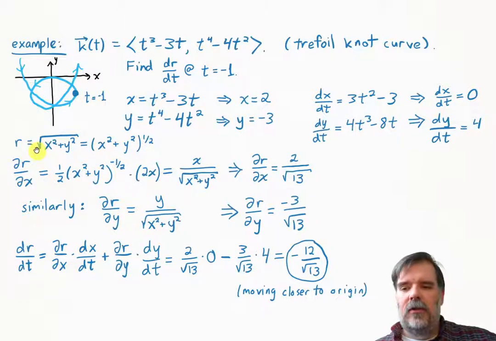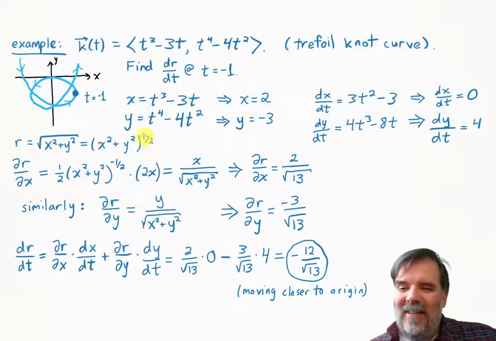Well, r is the function square root of x squared plus y squared, which we could also write as the quantity x squared plus y squared to the 1/2 power. To calculate the partial derivative with respect to x, we need a chain rule. While we're calculating our chain rule, we need another chain rule. So this is going to be 1/2 of the inside function to the negative 1/2 power times the derivative of the inside.